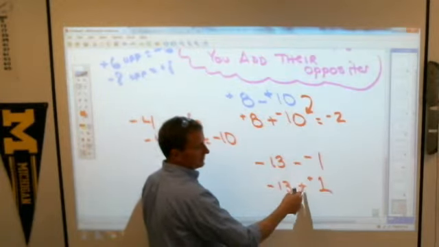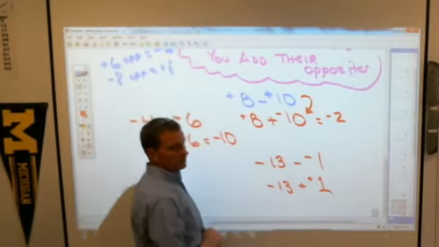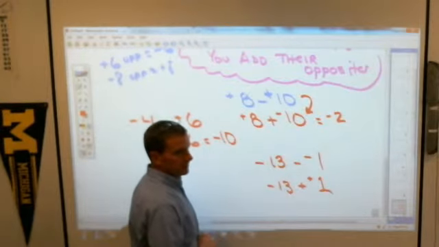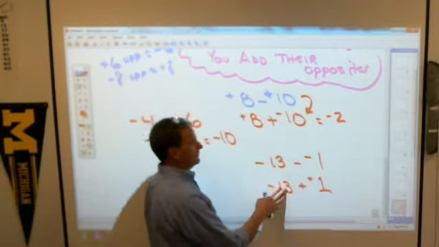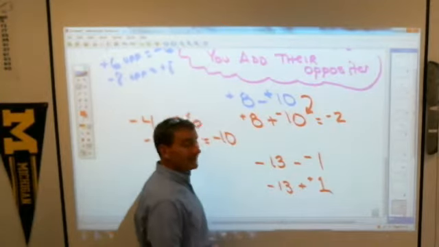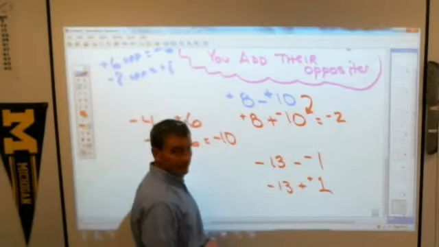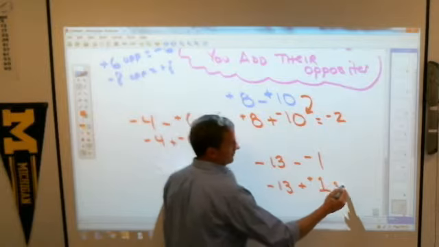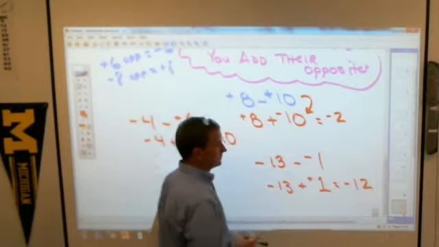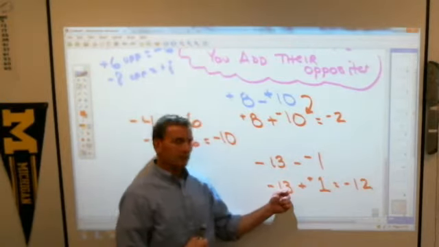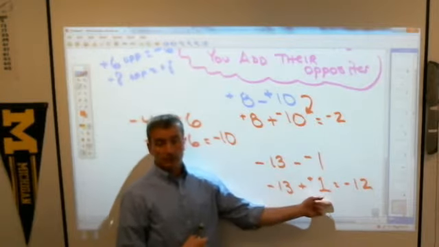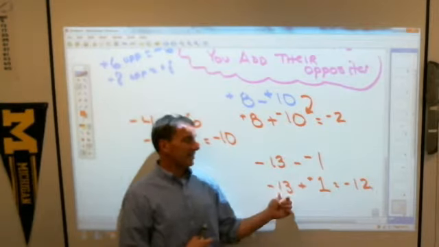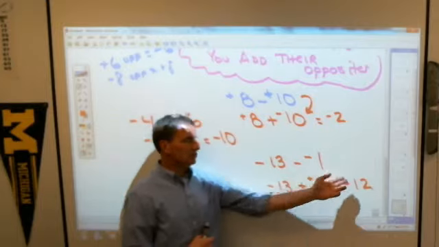Add its opposite. What is -13 plus a +1? Owe somebody $13. You have $1, so you have to give them that $1. What are you going to end up owing them? Kate? -12. If you owe somebody $13 and you have $1, you give them that $1, but now you don't owe them 13 anymore, you just owe them 12.